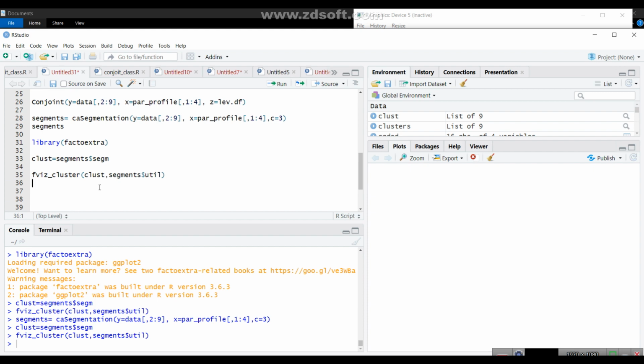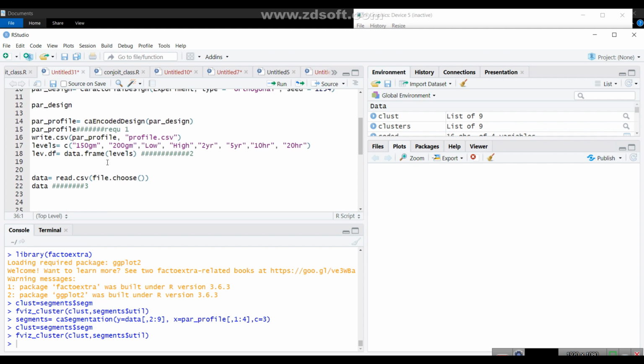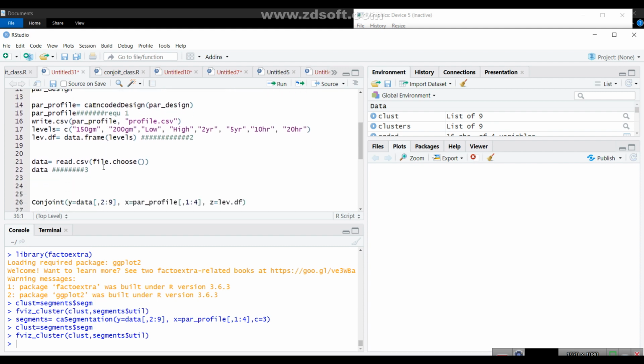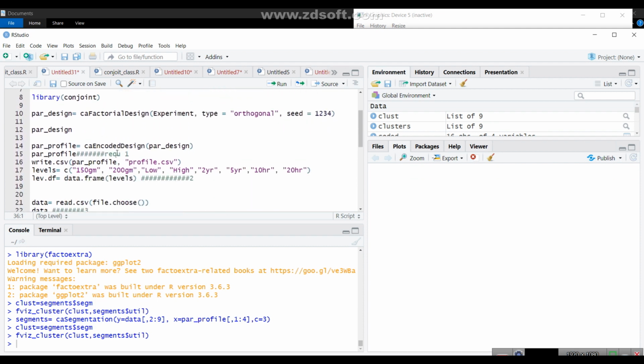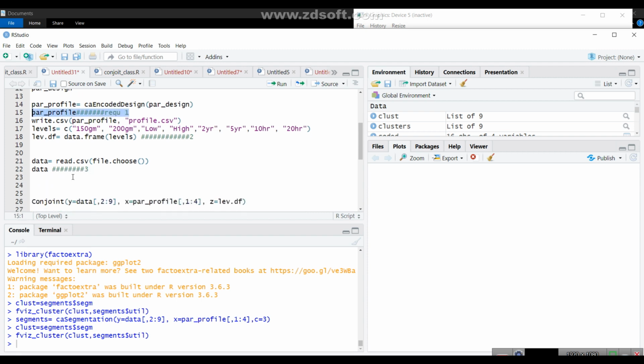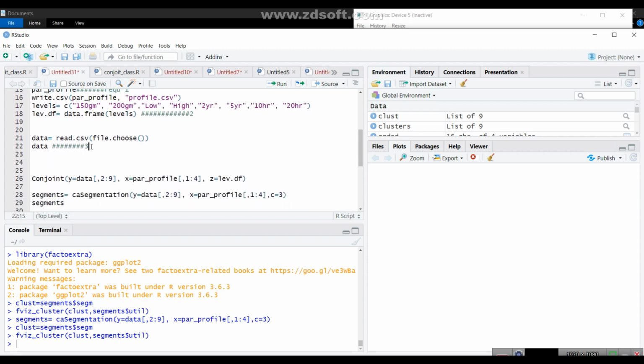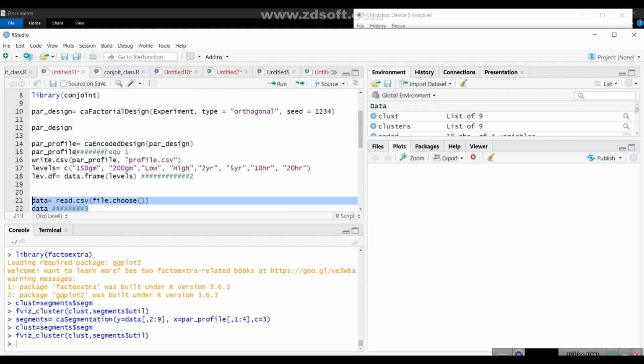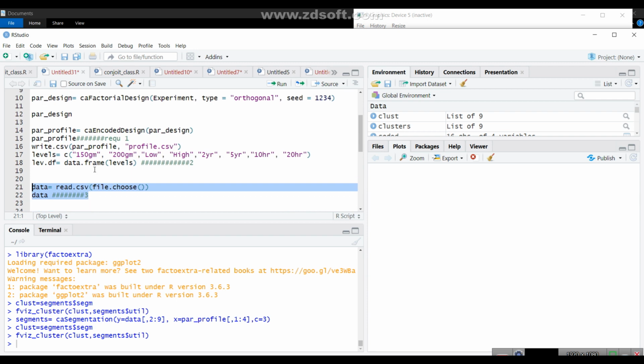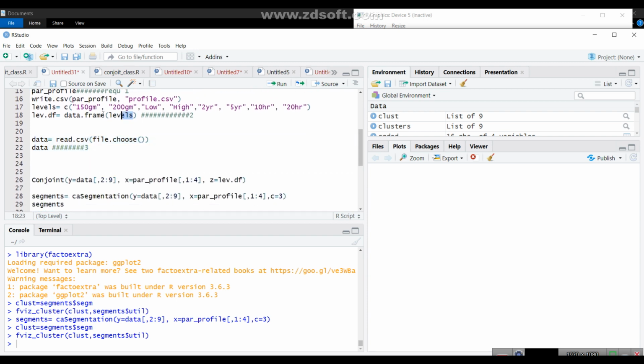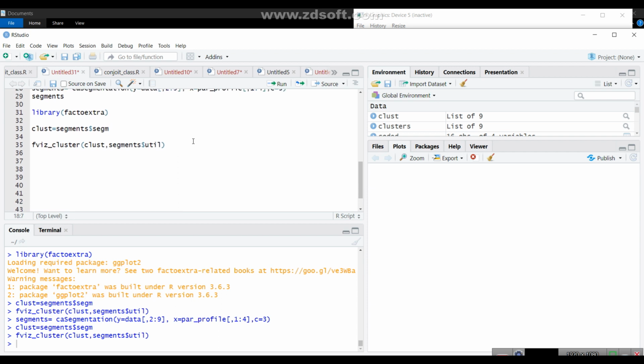Say you have your data in Excel sheets, you can easily import that data and create objects. You have to create these objects: one is the profile, one is the data, and the other is the levels. These three things you require for your conjoint analysis.